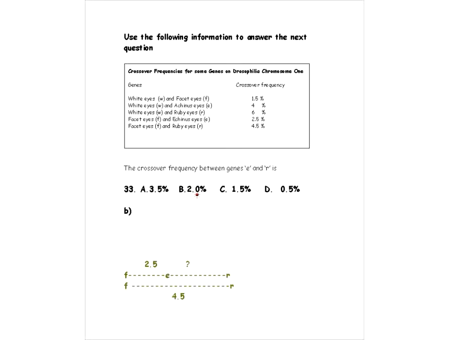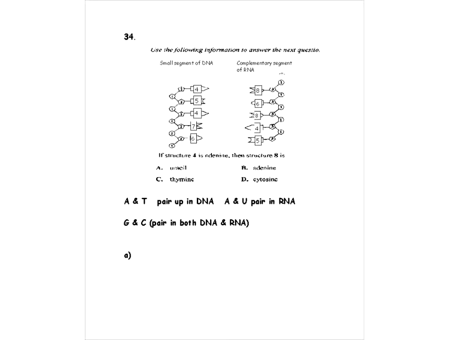So it's going to be answer B, 2%. Okay, so that's kind of how we figure it out. And again, using that, you can come up with a whole map of what the genes look like. If you want to review how to do that, you can look in the textbook. Sorry, I can't remember exactly where it is, but if you look up crossover frequency.